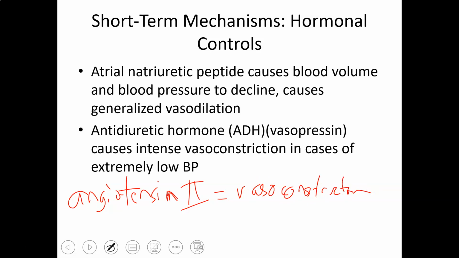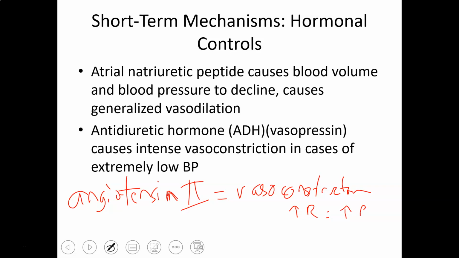It means it makes your blood vessels constrict. Now, if we constrict your blood vessels, we're going to increase resistance, which means we're going to increase pressure. Still with me? Back a few slides if you're not. Increasing resistance means that we increase pressure.